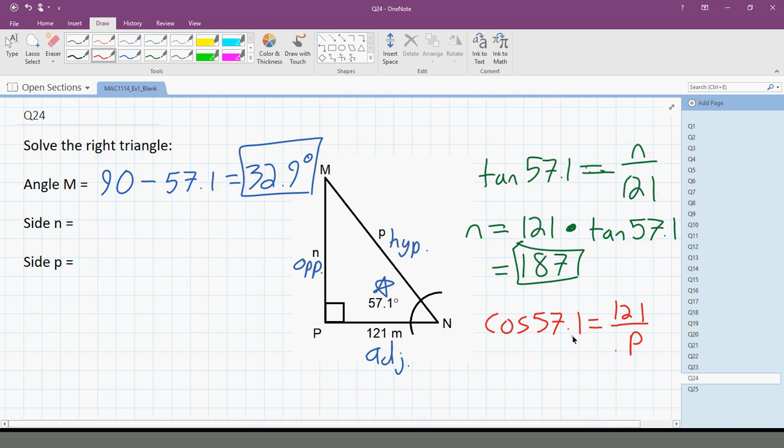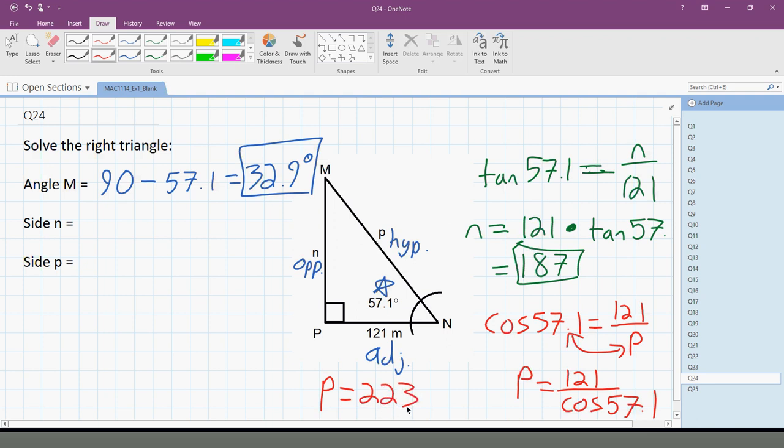These two guys right here, there's a rule in proportions that says we could swap these two. So in the end, you take 121 divided by cosine 57.1. When you divide those and round to the nearest integer, what do you get? There you go. p equals 223.